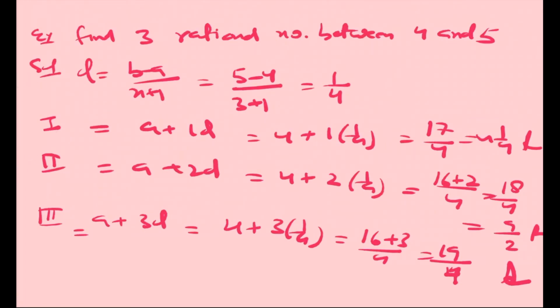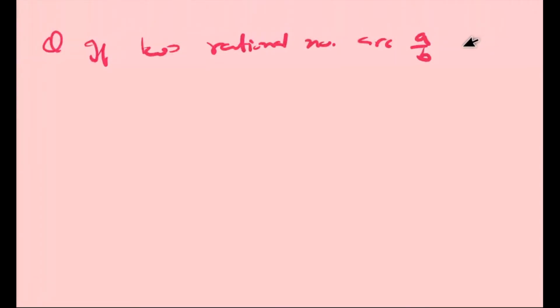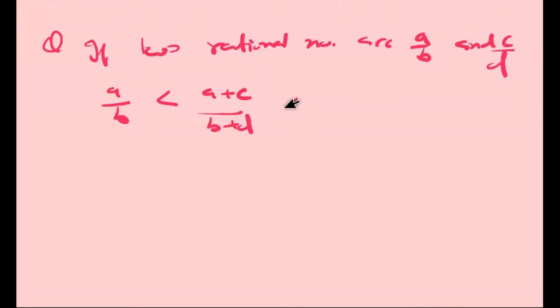Now we will learn the next method. If two rational numbers are a upon b and c upon d, and in between we have to find one rational number, that is a upon b less than (a plus c) upon (b plus d) less than c upon d.